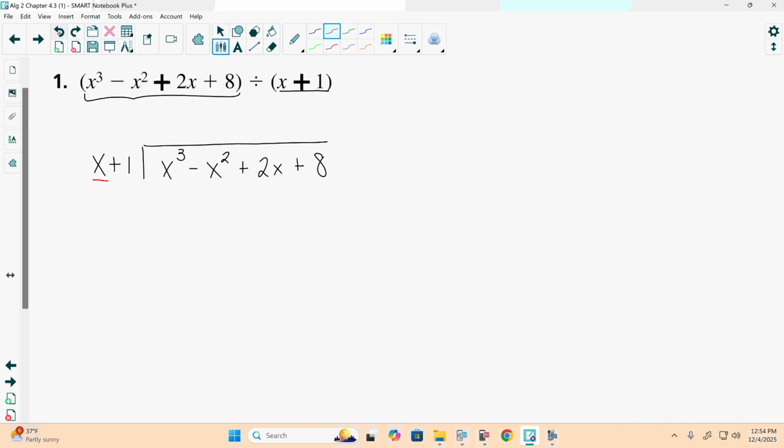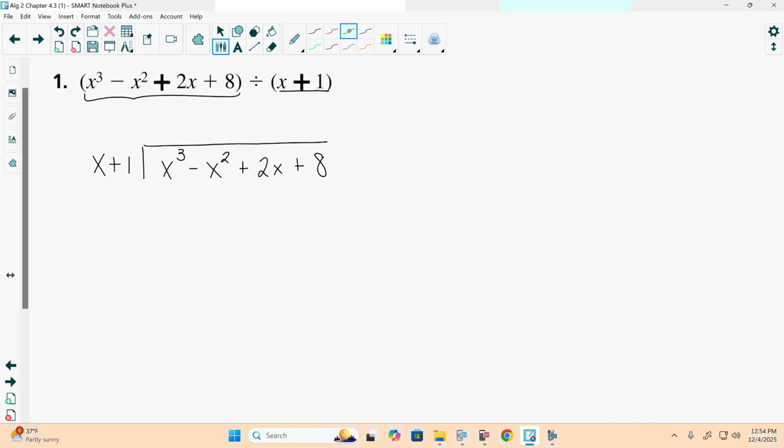I know for some that's hard to wrap our head around, especially if the number outside is say 2x, and we're trying to see what times 2x gives us 3x squared. That gets a little difficult because now we're dealing with fractions and different numbers.